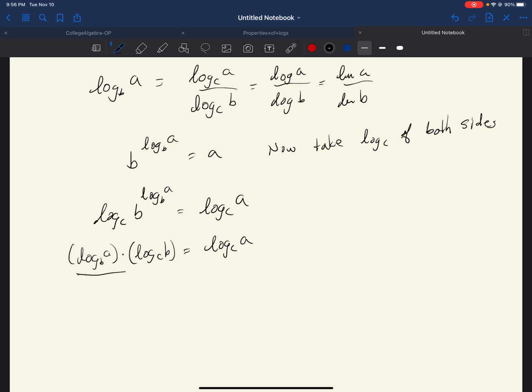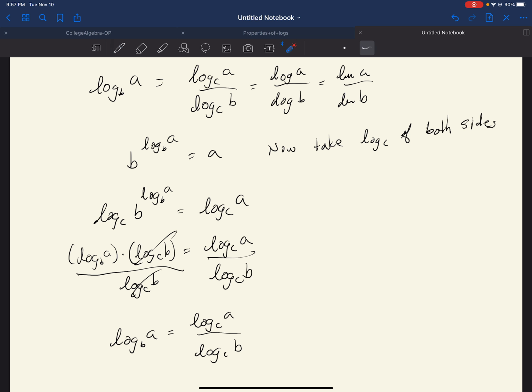To finish it, all I have to do is divide both sides by log base c of b. Those cancel, and I'm left with log base b of a is log base c of a over log base c of b.